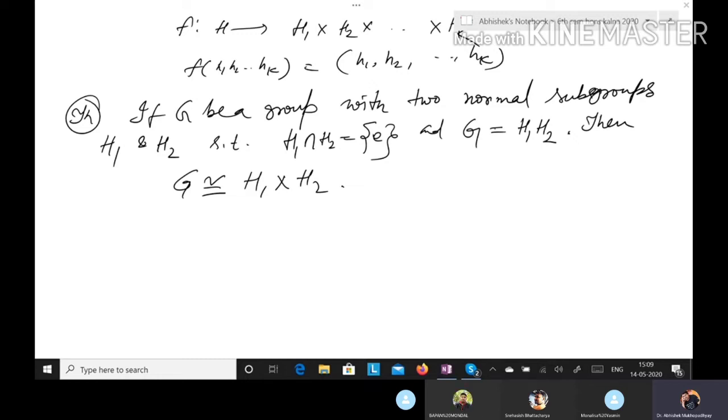That is, it says that if G is an internal direct product of two normal subgroups H1 and H2, then G must be isomorphic to the external direct product of those two subgroups.